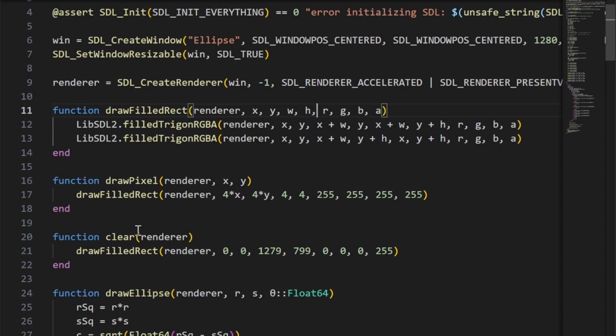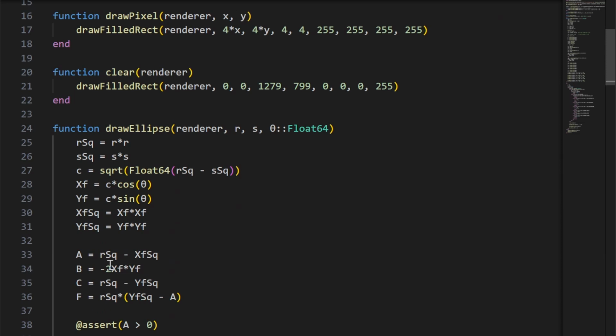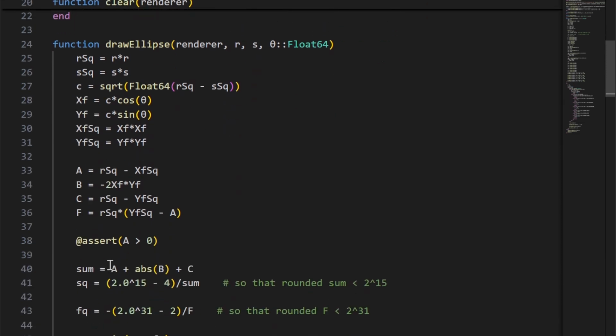I also made a clear function which will just blank the entire screen by drawing a big filled rectangle with color 0. I wasn't able to get the renderer clear function to work for some reason, so that's why I've done it that way. It's really not that important that we get things done the exact precise SDL way.